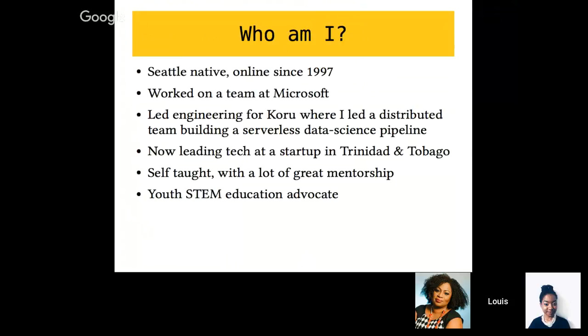I most recently led a distributed engineering team for an enterprise data science company from Seattle, working with some of the Fortune 500, building a serverless processing queue for our data science, where we deployed dozens of serverless functions and various different communication techniques. I'm largely self-taught, but not without a lot of great mentorship, which has led me to really be an advocate for youth technology education and generally educating in general.